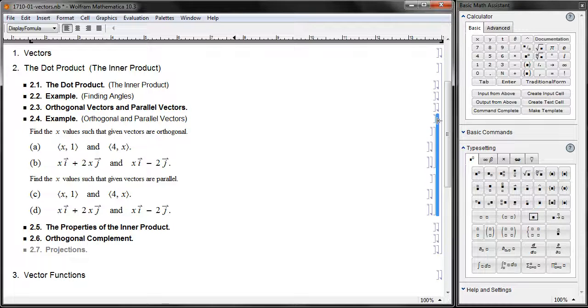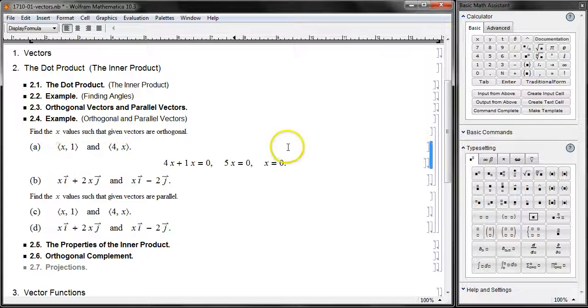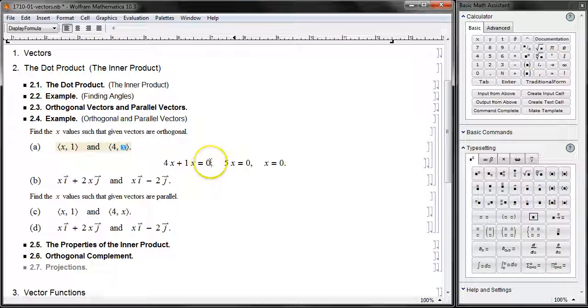Using that you can find x values so that the vector is orthogonal. All you have to do is put into dot product form and set it equal to 0. The angle will be then 90 degrees. How do you do that? Well, here we go. Take the dot product, multiply the x coordinate, multiply the y coordinate, add them up, and it has to be 0.